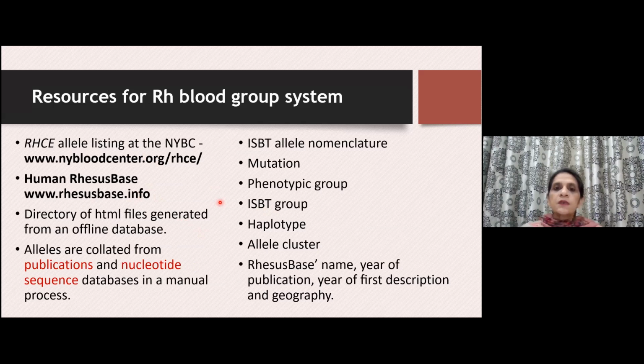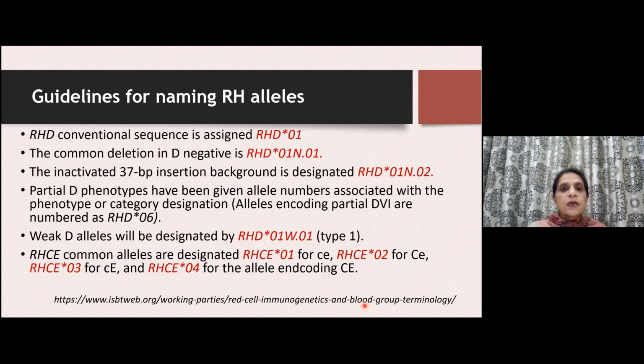They are listed under various headings like the ISBT allele nomenclature, mutation type, phenotypic group, ISBT group, haplotype, allele cluster, research-based name, year of publication, year of first description, and geography. And these are the guidelines for naming Rh alleles proposed by the ISBT Working Party.